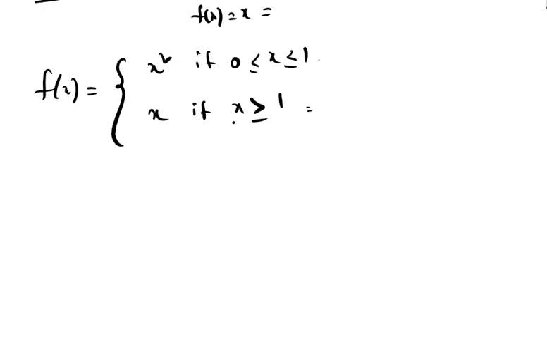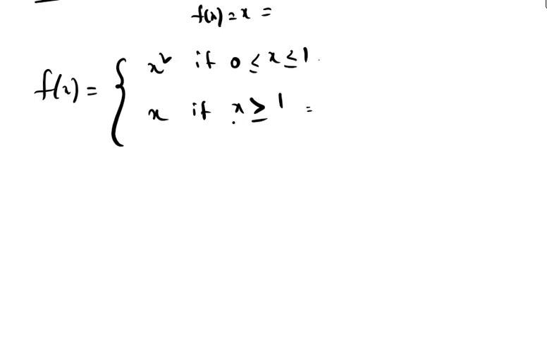Okay, now let's think graphically. From 0 to 1 it follows the curve x square. After 1 it switches to and follows the straight line x, and at x equal to 1 both equal 1, so the function is continuous.